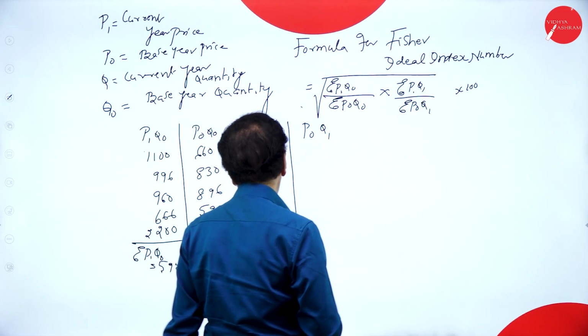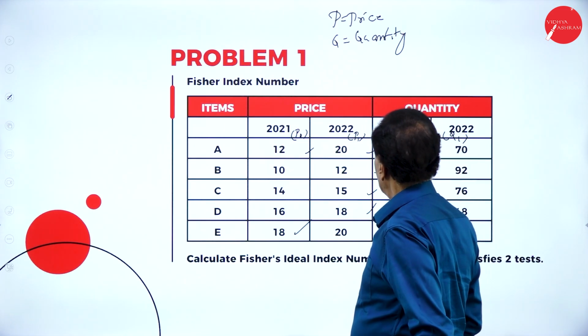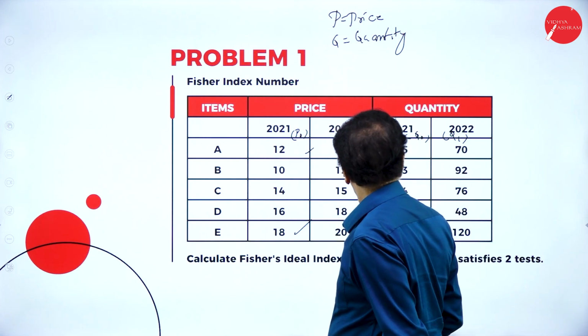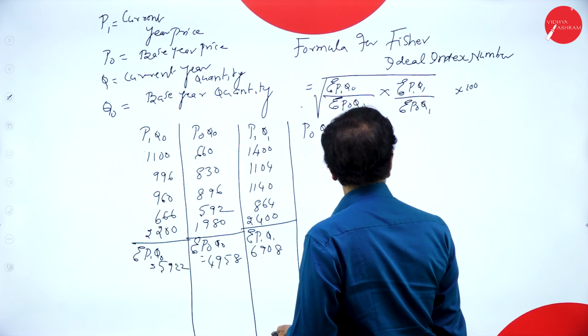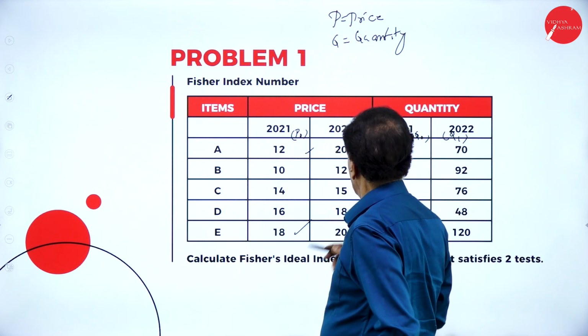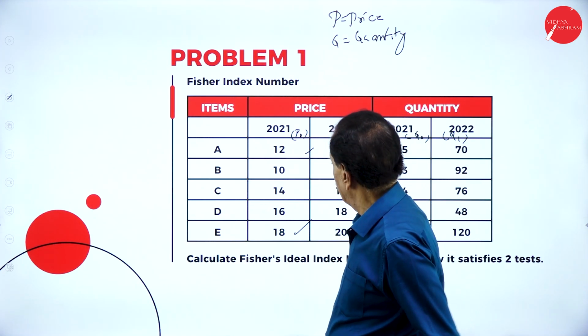Last one, P0 Q1. First and last: 12 into 70, 840.